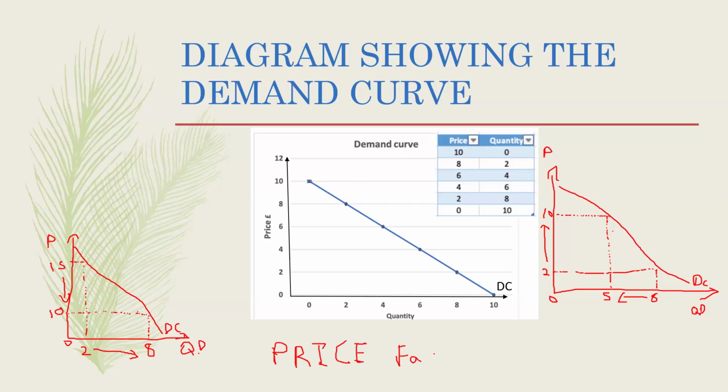This is the only factor that is going to cause movements along the demand curve. Are you all seeing the movements? Let me look at the first one I just drew.